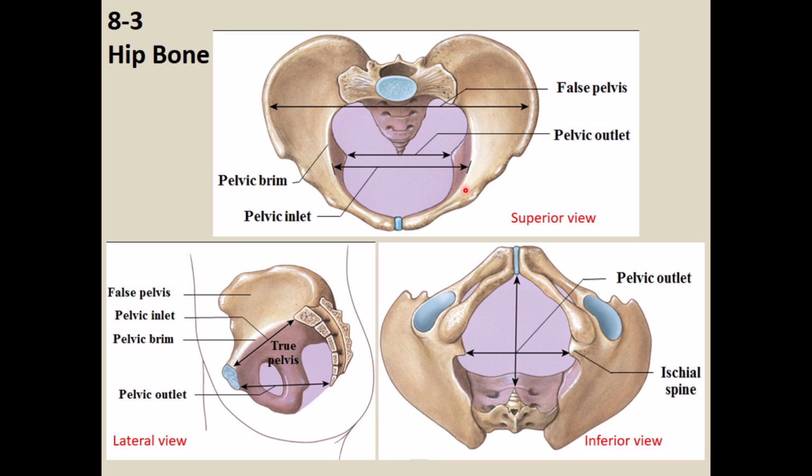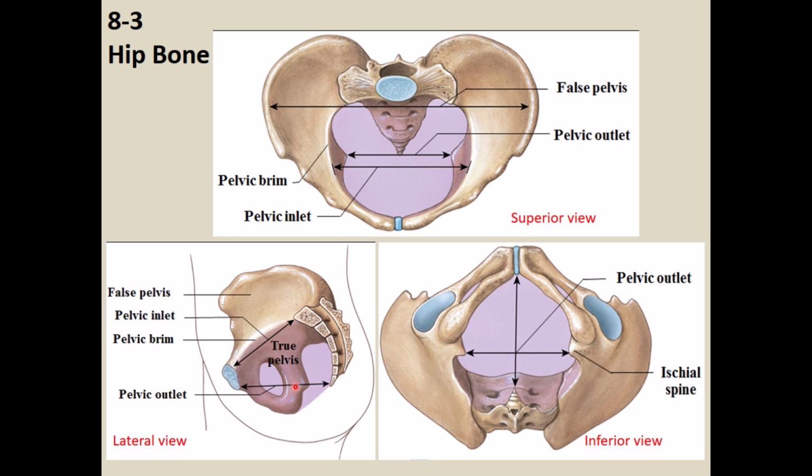Okay, so this is the pelvic inlet because the head of the baby is entering the birth canal. So this is why it's called inlet. And this is the pelvic outlet. So this area is the outlet because the body of the fetus is leaving the uterus. So this is why it's called the pelvic outlet.